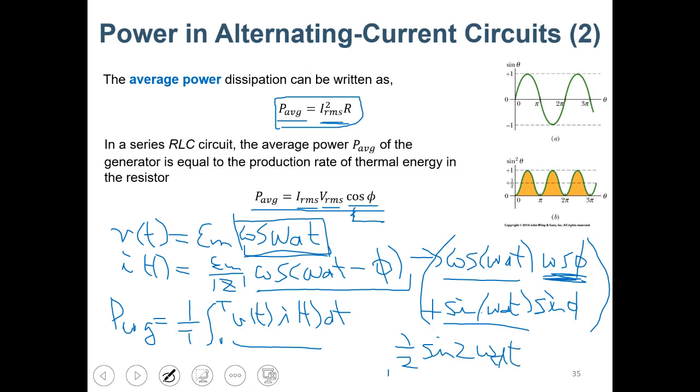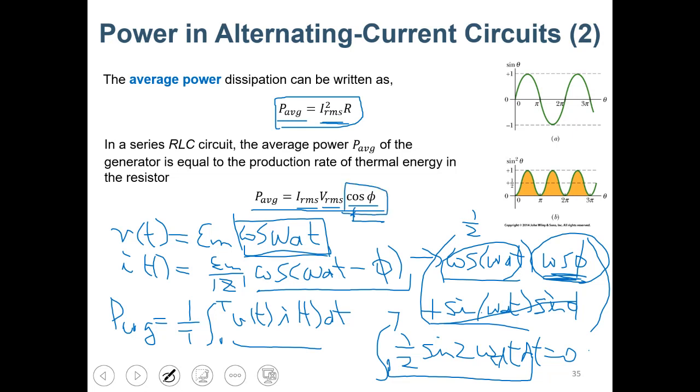When you integrate this over a period, from 0 to T, it will be 0. So this one vanishes, and then we will have 1/2 for this, and then cosine phi like this. So we can use I RMS times V RMS times cosine phi for the P average.